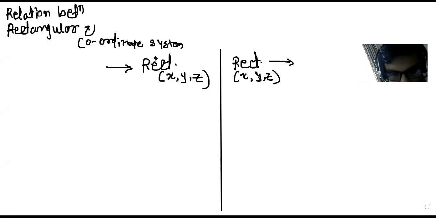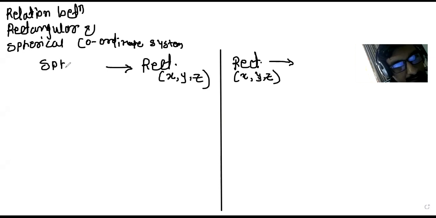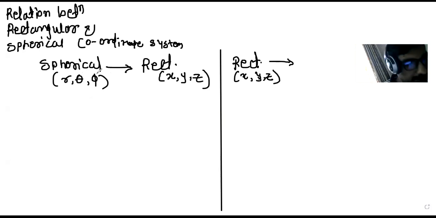Let me clear this cylindrical. Here I'm trying to write the relation between rectangular and spherical coordinate systems. First case, I want to convert spherical to rectangular, and in case of spherical, we know that the point is defined with respect to r, theta, and phi.